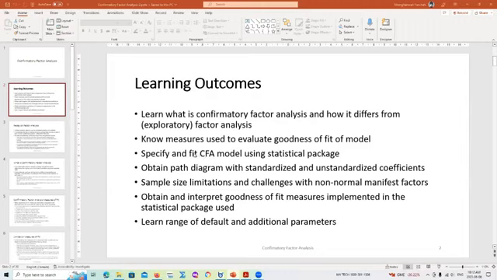Sketching may not necessarily be easy, but the most important thing is that whatever model we have, whether it's written in words or as a diagram, can we translate it into a model and then use a statistical package to fit it? That will probably dominate most of what we discuss.